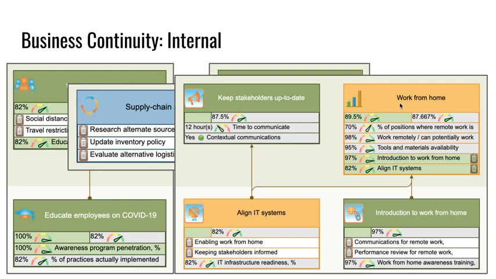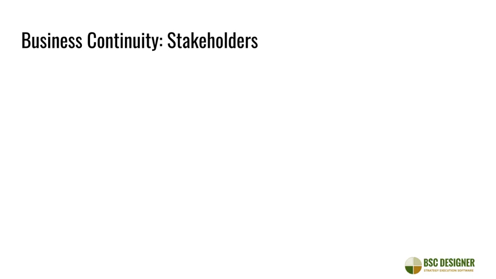So that's how we make this goal more specific. Working from home, the inputs are having IT systems ready, having some basic introduction training, and the results metrics are tools and materials availability, and the percent of jobs that actually move to remote working style.